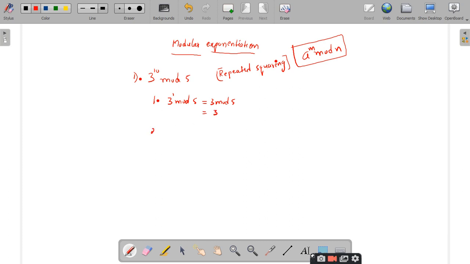Super. And the second step is you have to square the given number, right? If I square it, I get 3 square mod 5. So how can I write 3 square? 3 power 1 whole square mod 5. But I have the value of 3 power 1. What is the value of 3 power 1?